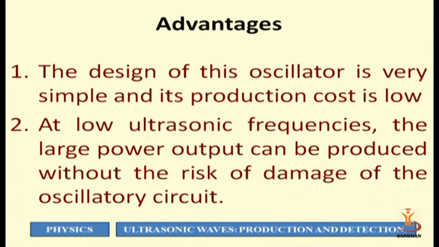It is not expensive. So the first advantage is that this oscillator is low cost. It is simple. Another thing is that low ultrasonic frequencies can be generated. There is a greater output ultrasonic power.